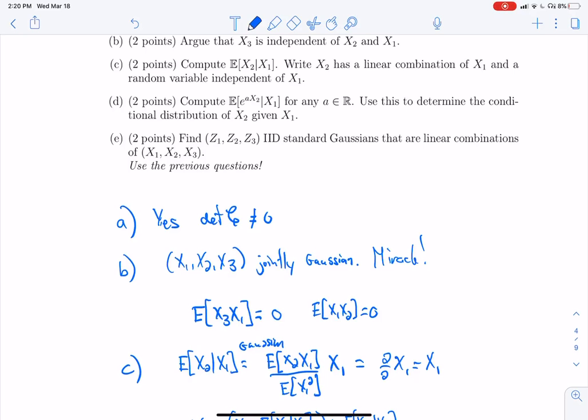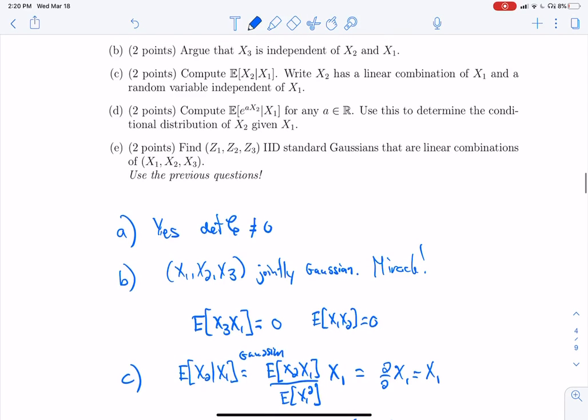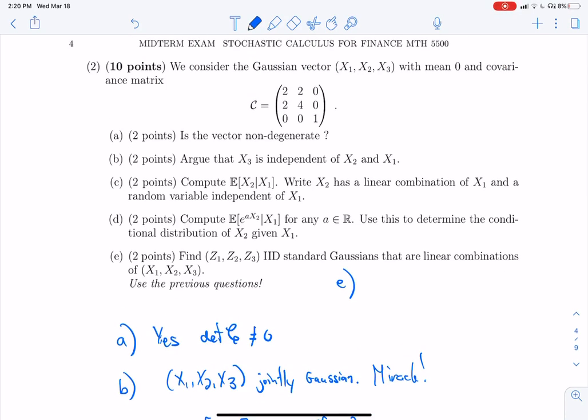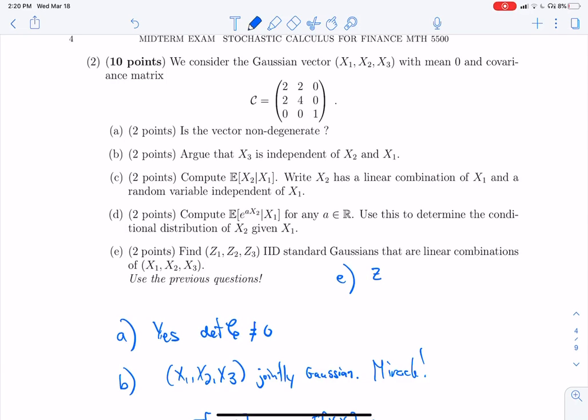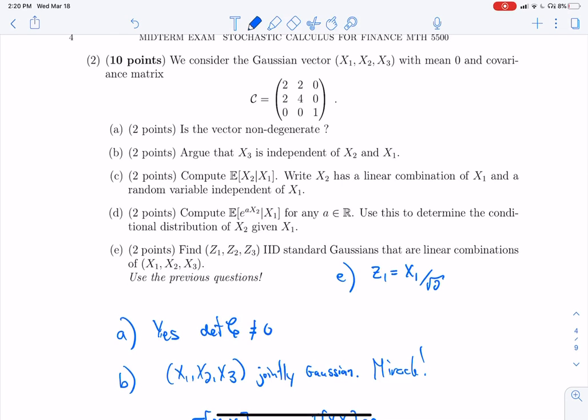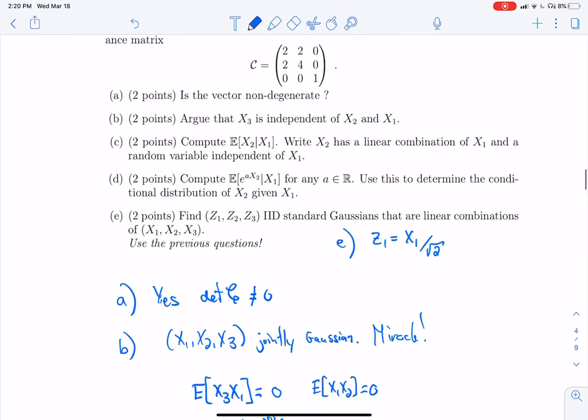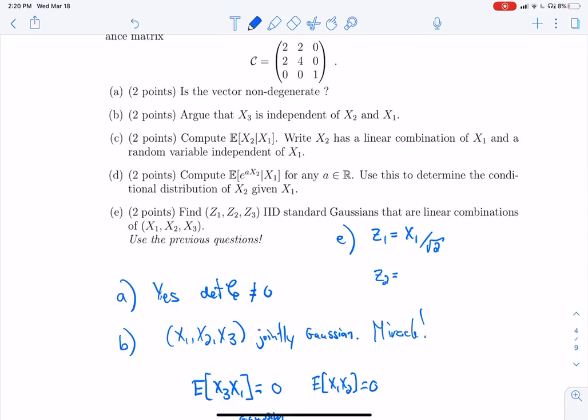And now I'll do E right here. Now I want the IID decomposition, but we did a lot of work, so now it's not a big deal. Always, for the IID decomposition, I start with x1. I have to normalize it to variance 1, so it's divided by square root of 2. Now you have Z2. I know a random variable that is independent of x1.